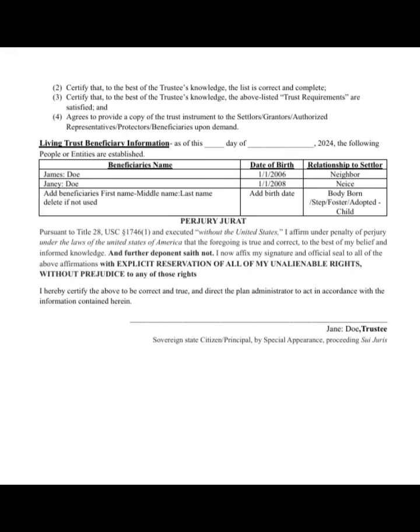I'm going to have all the bonds in there, the bond templates, how to fill out your UCC filing, how to create your bond, how to create your bill of exchange, how to create your chargeback, how to create your power of attorney, and things like that will all be included in my book. And then I'm also going to have an editable version for free included with my book.